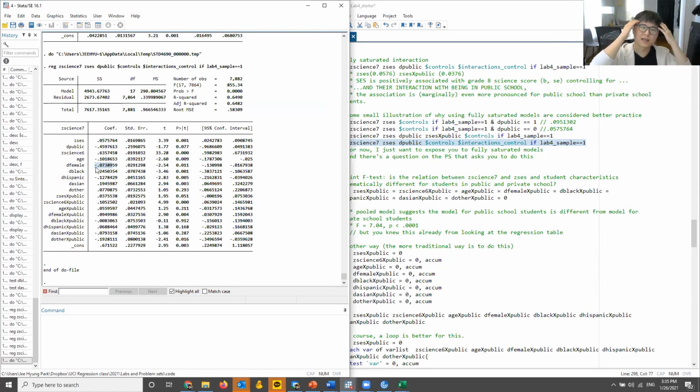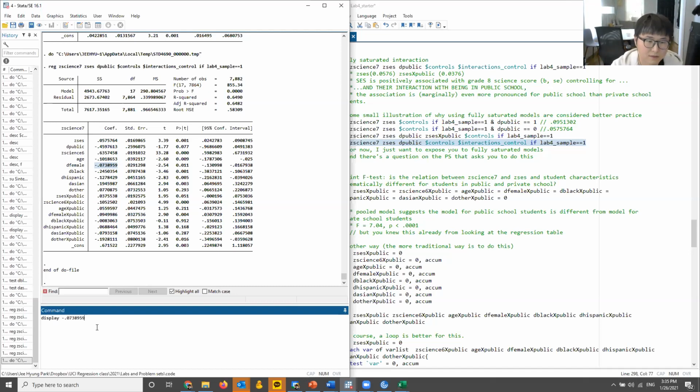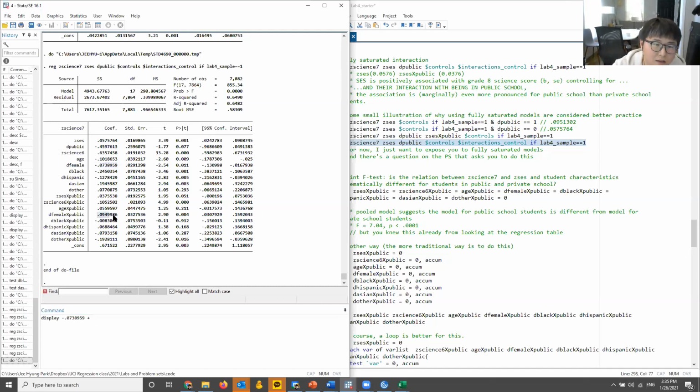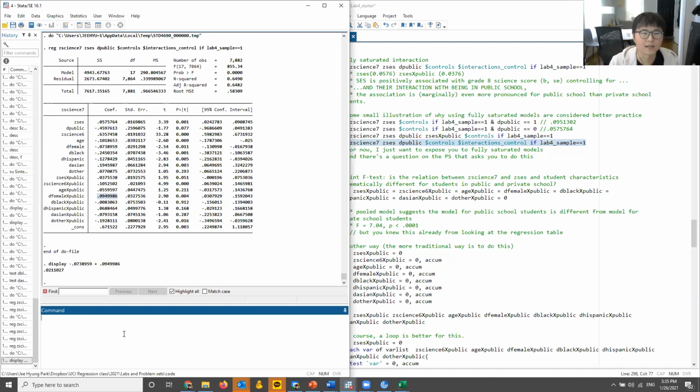Now, if you were looking at the same kind of gender difference for students in public school, you would combine these two numbers, and conclude that here in public school, female scores 0.02 standard deviations higher than boys do, right? In public school.